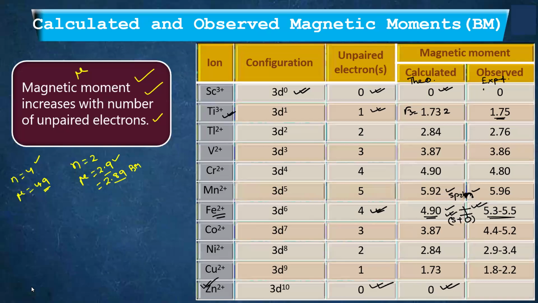Where the values match, like 2.84 and 2.9, there is only spin contribution. But in cases where the values differ greatly, it is due to both spin and orbital contribution.